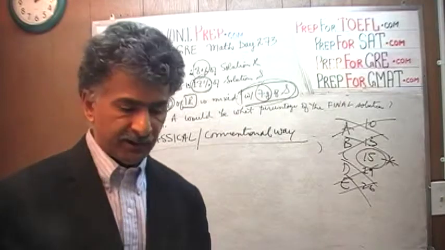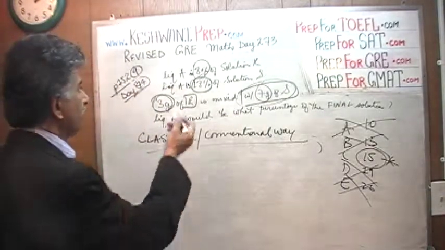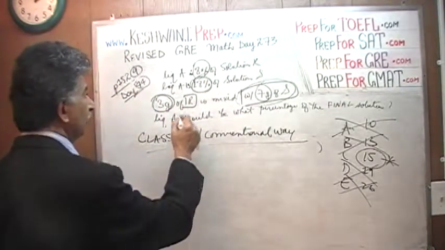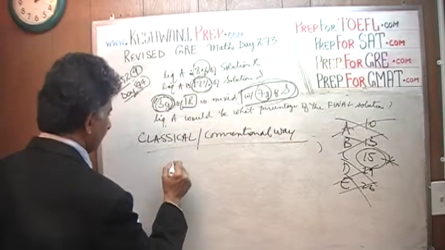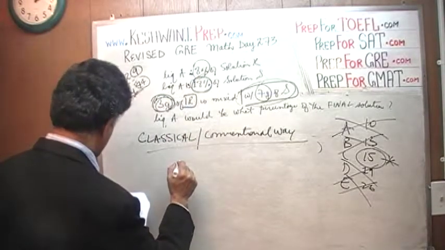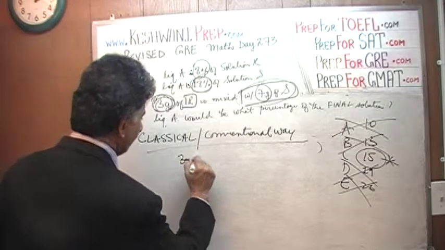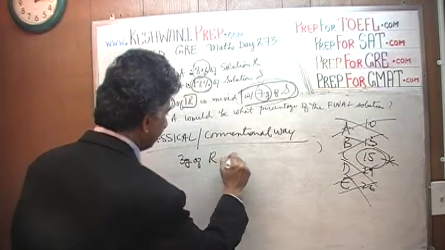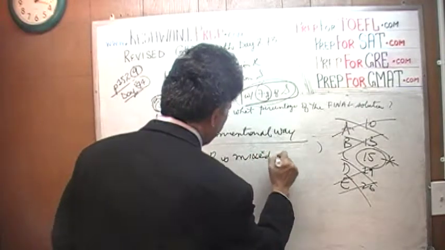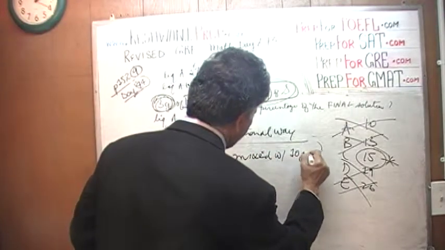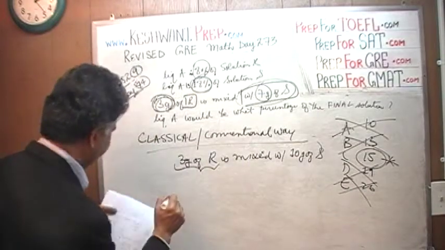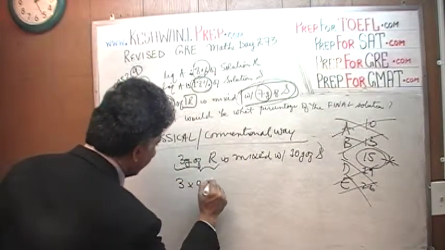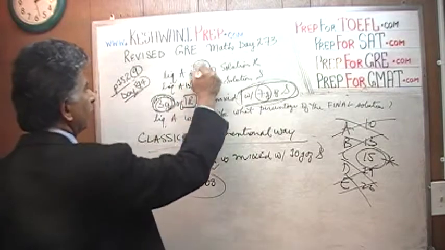Which is actually not that complicated. So we have A, which is 8% of solution, and we are told that there is 3 grams of it. So we have 3 grams of R mixed with 10 grams of S. 3 grams of R represents 3 times 0.08 because it is 8%.